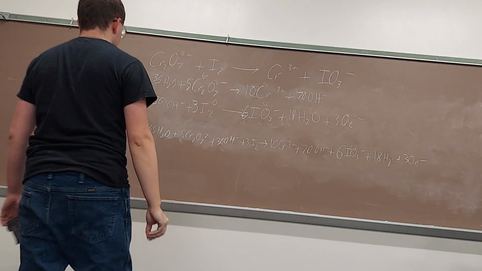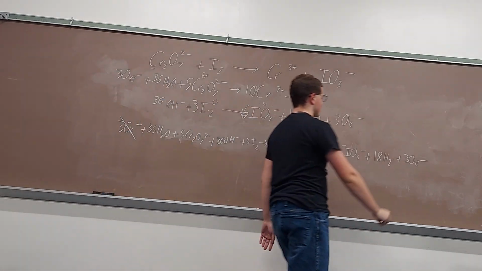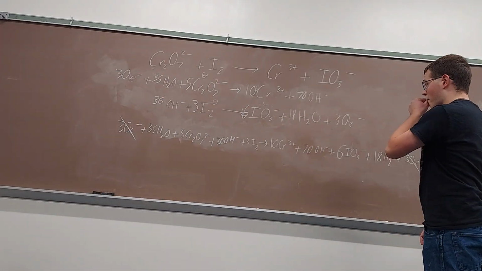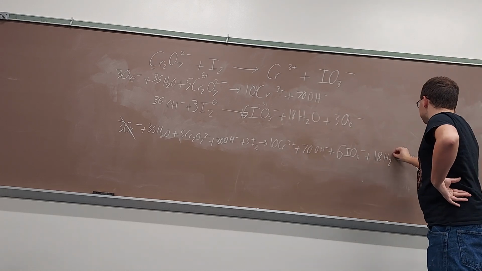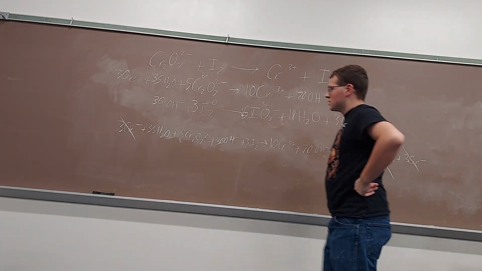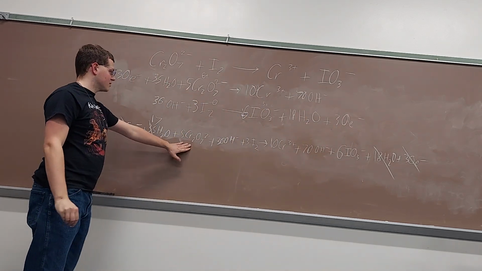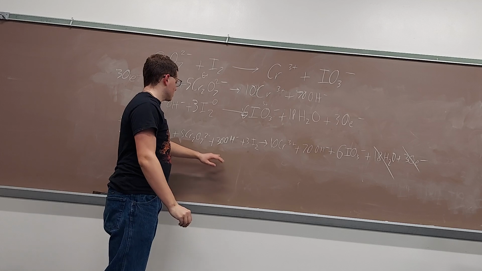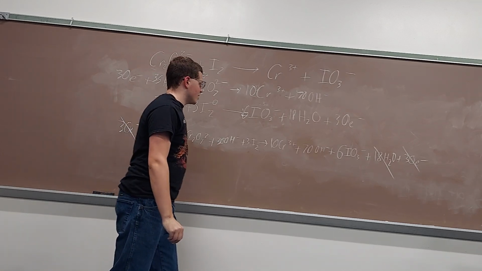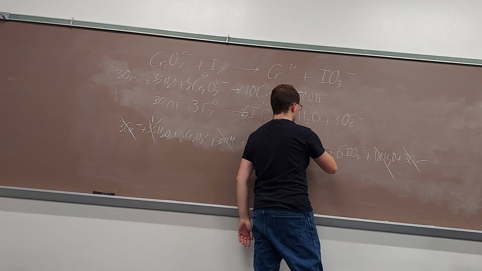And now we cancel things. 30, great. 30 electrons. We wanted that to cancel. Okay. Now let's do the H2Os. 18. This becomes 17. 17 H2O. This is not changing. That's not changing. 36 OH. 70 OH. Gone. 34.